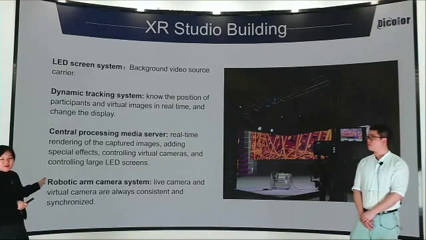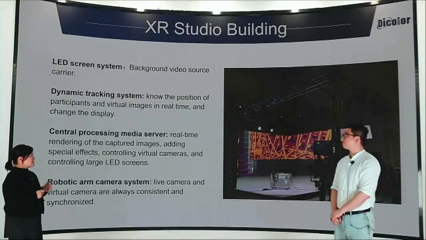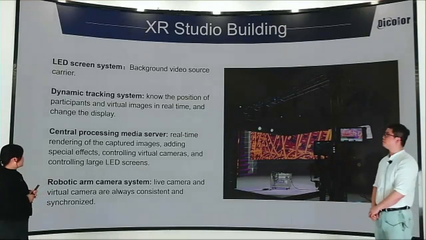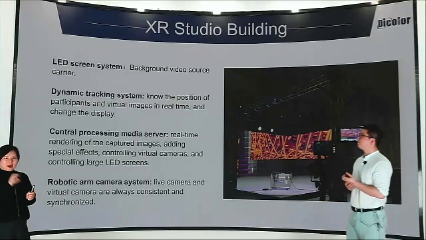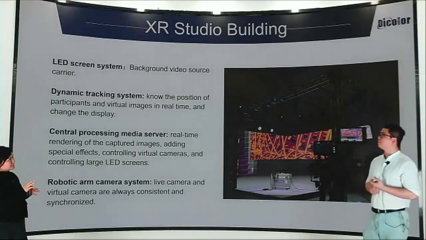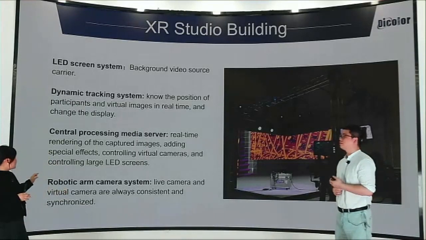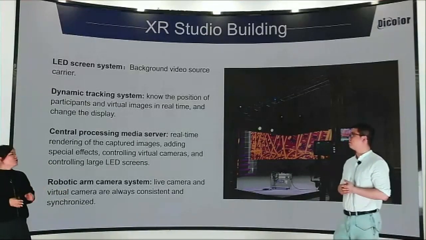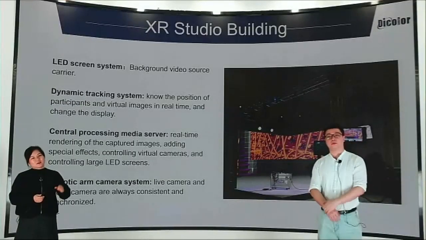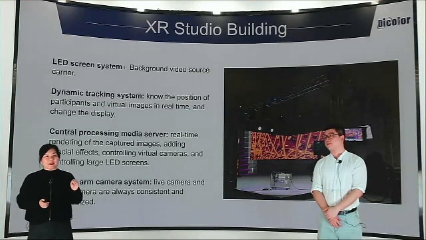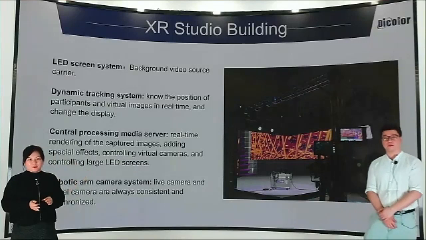And last but most important is the central processing media server. It does real-time rendering of the captured image to make the image with more special effects, and controls the virtual cameras and the LED screens. It sounds a little bit complicated, but if you have this server, you will know how to operate them.